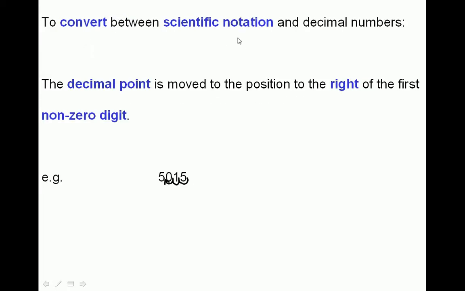So to convert between scientific notation and decimal numbers, the decimal point is moved to the position to the right of the first non-zero digit. So we always have just one digit to the left of the decimal point. So in this case, 5015 is my number, and I need to move the decimal point 1, 2, 3 spaces to the left.